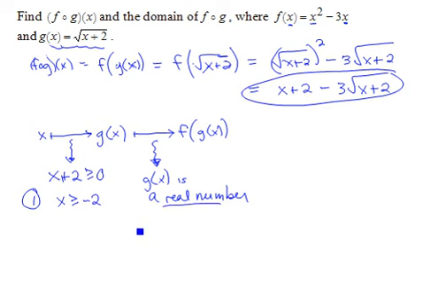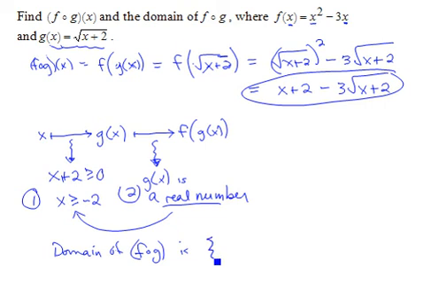Well, we've already dealt with that restriction. g of x is a real number precisely when we have an x that's in the domain of g. So there's nothing new introduced here, and our final restriction, by combining these two sub-restrictions, is that the domain of f of g is the set of all x such that x is greater than or equal to negative 2.